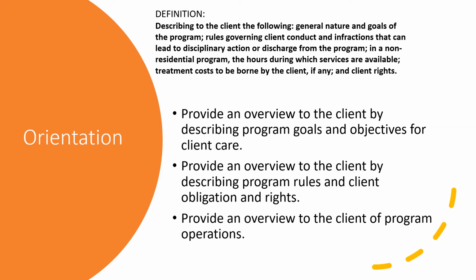So there's going to be some handouts and maybe some information that they need to understand what the expectations are, what the requirements are. If there are disciplinary consequences for any client behaviors, they need to understand those. You have to explain that to them. Let them know what hours services are available if it's a non-residential program. And you certainly want to cover the costs and how that's going to be accounted for during the process.